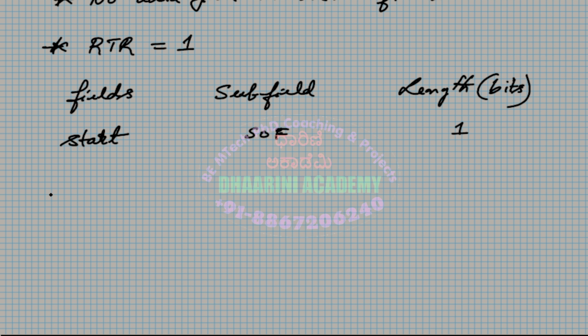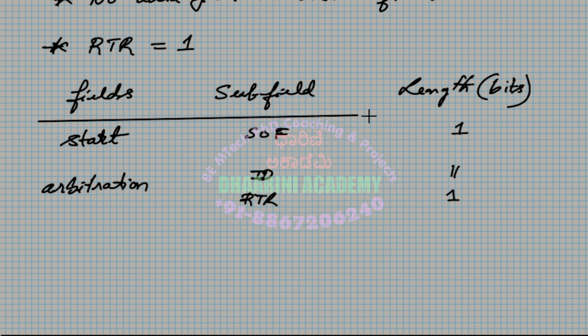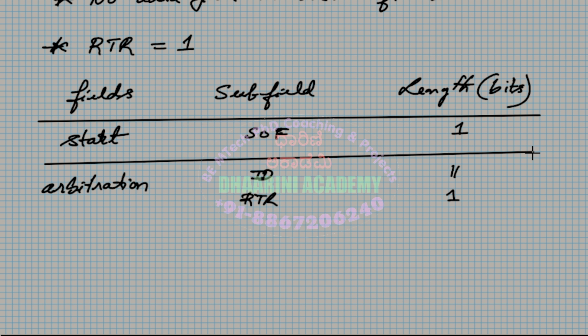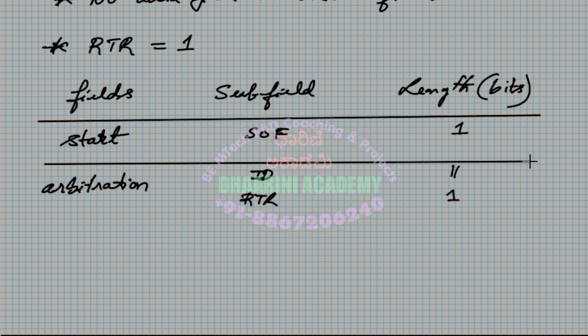Then we have another field called the arbitration. We have an identifier field followed by the RTR field. There will be an identifier of length 11 bits followed by the RTR, which is 1 bit, and we also know its value should be equal to 1 as per the rules. So that is the second field with the two subfields.